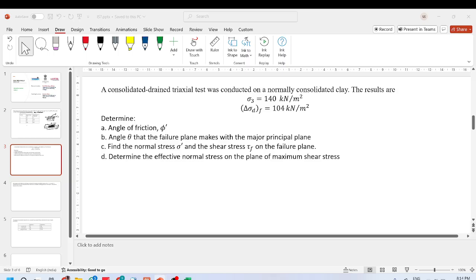So as I mentioned earlier, for NC soils, C is almost zero. Why? Can somebody tell me why?